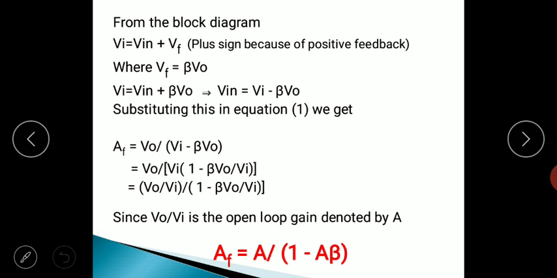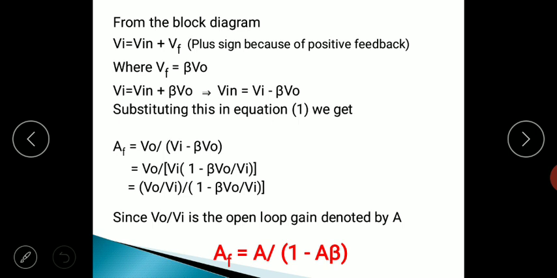Again, from the block diagram, the effective input applied to the amplifier is the external input plus the feedback signal. That is Vi equal to Vin plus Vf. In the earlier case we used a minus sign. Why? There was a negative feedback. Now we are using a plus sign here because of positive feedback. So Vi is equal to Vin plus Vf.